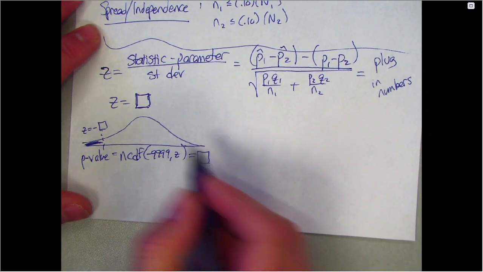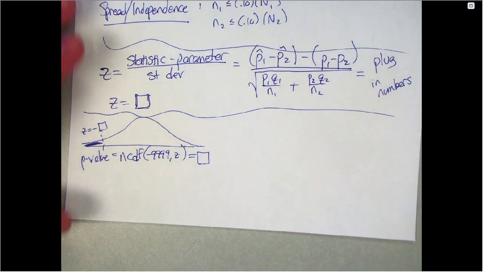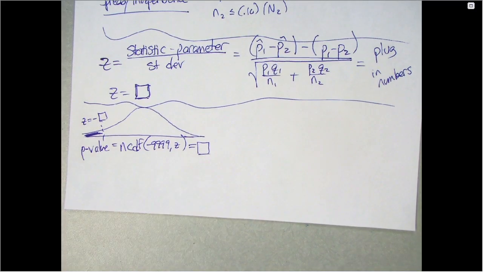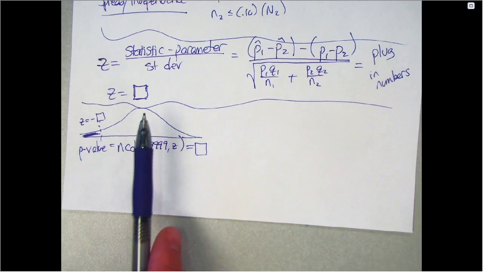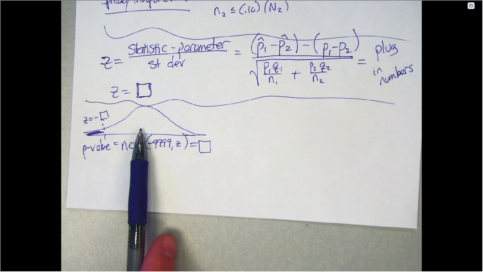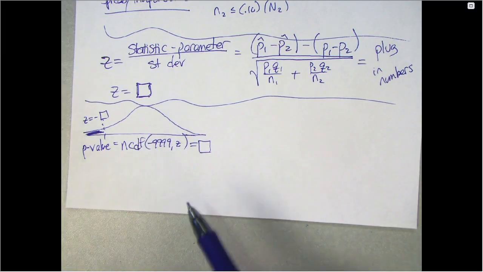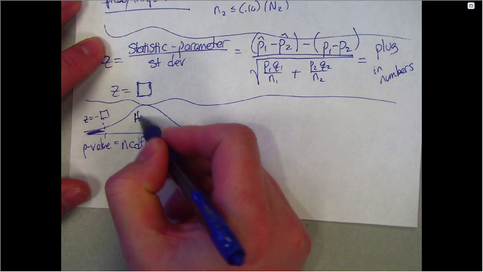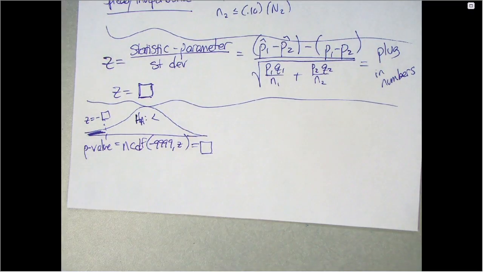And you'll tell me what that is. And in that scenario, your HA said what? Less than, greater than, or not equal? Less than. So do I put maybe HA is less than in there? I don't remember how we wrote it last time.